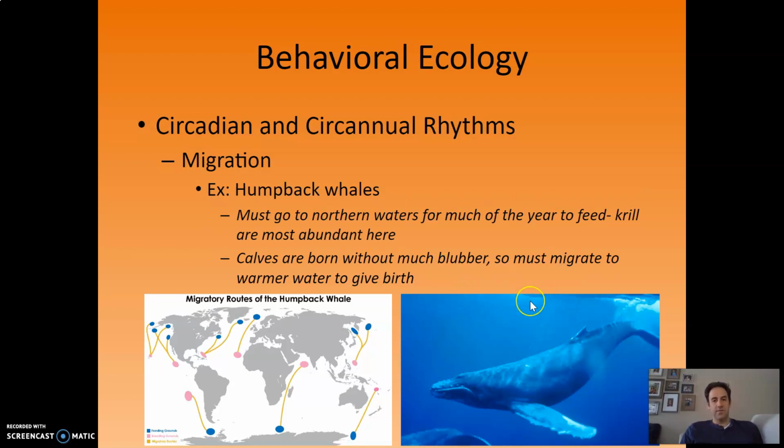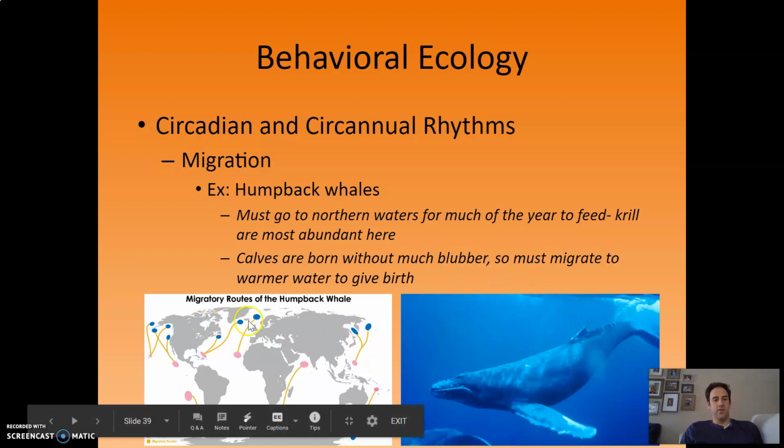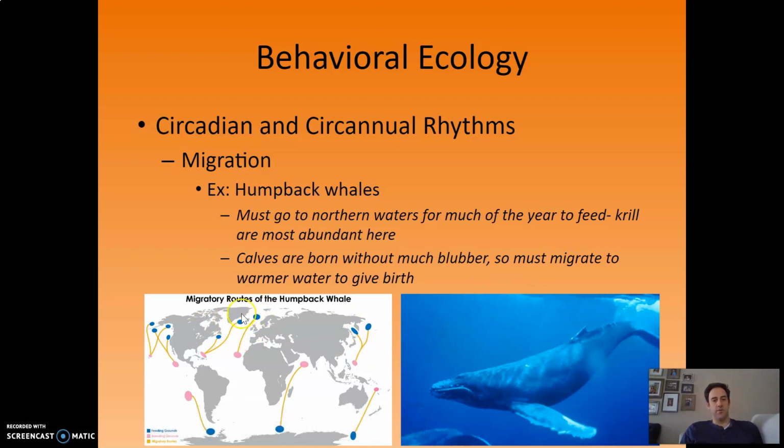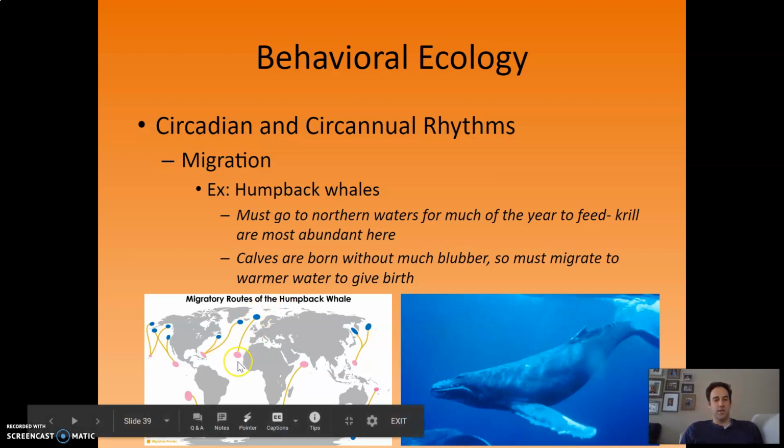A great example of this are the humpback whales. Humpback whales feed in the northern waters. That's where their krill is most abundant. So these blue spots are the prime feeding grounds. Unfortunately, their calves are born without a whole lot of blubber, which keeps them warm. And so for the calves to survive, they have to migrate way down here to the equator, and breed in these tropical waters to give birth.